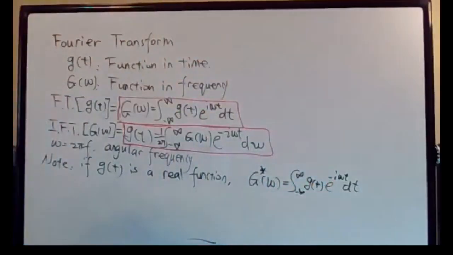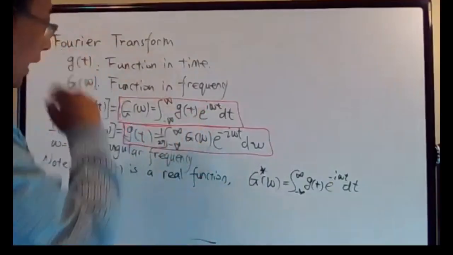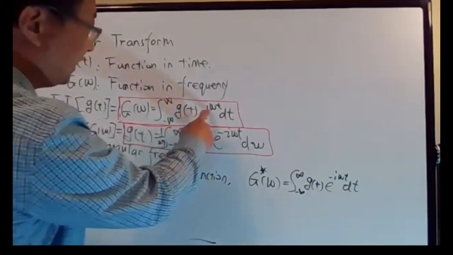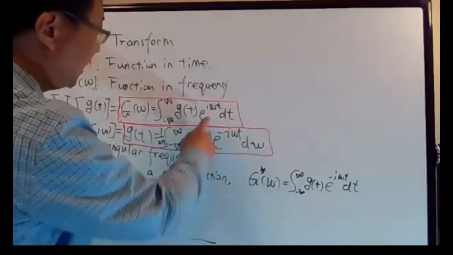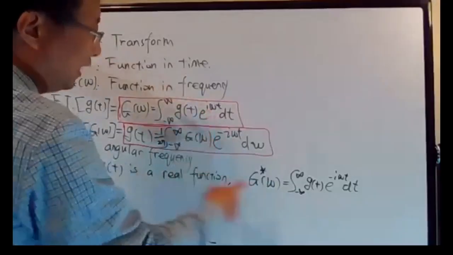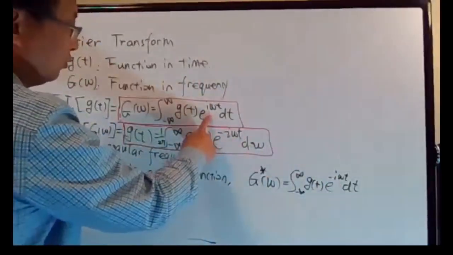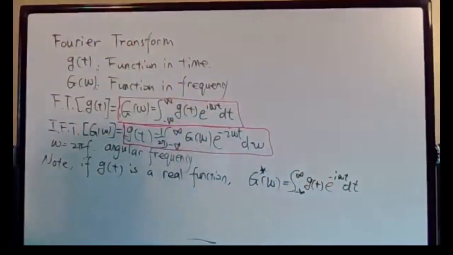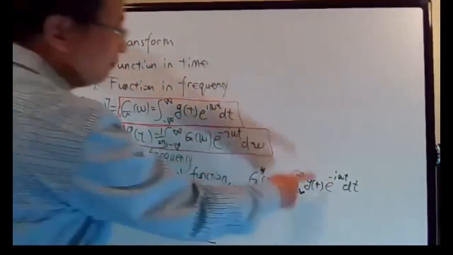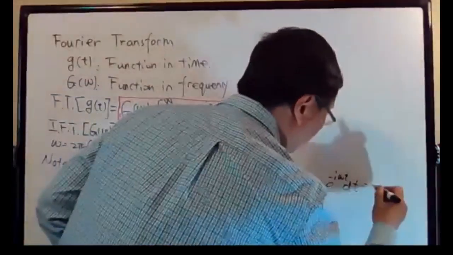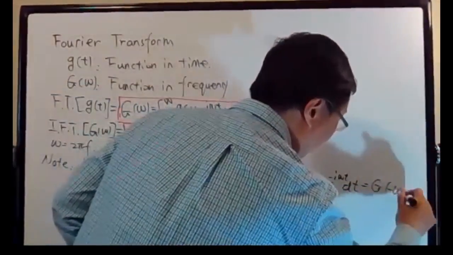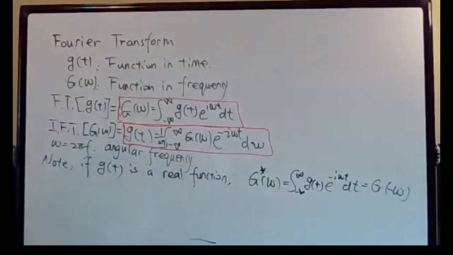So if you put the negative there, you can simply assume the omega is replaced by negative omega. So it will be G(negative omega).